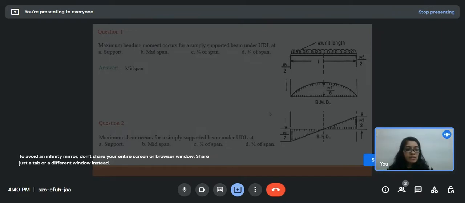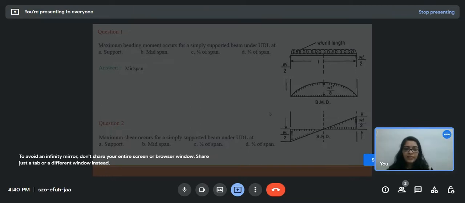So this is the shear force diagram: at the support we have wL by 2, which goes on decreasing, and at the midpoint we'll have zero shear force, and again it goes on increasing to reach wL by 2. That is the maximum shear force, at the supports. So for a simply supported beam under UDL we have maximum shear force at the supports. So the answer is option A, support.